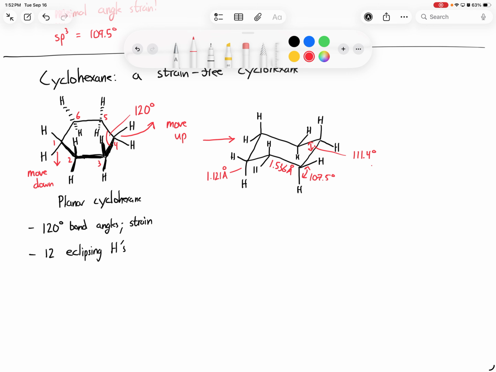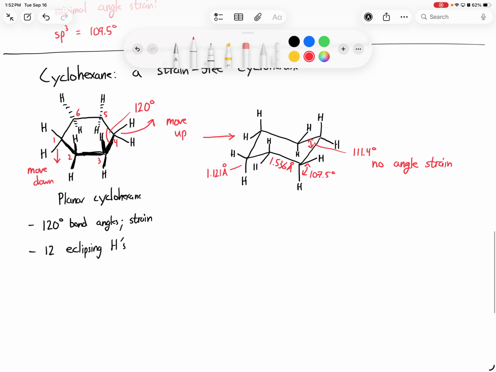So here, virtually no angle strain. That's less than 2 degrees of a difference, whereas 108 was like 1.5. Very close now to the bond angles of tetrahedral geometry. So now no angle strain.